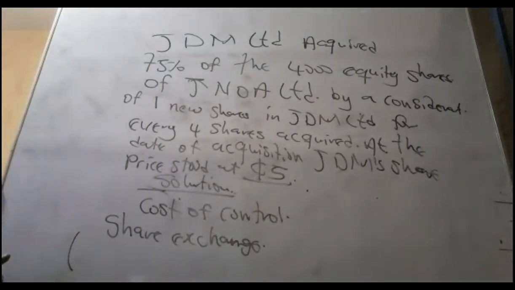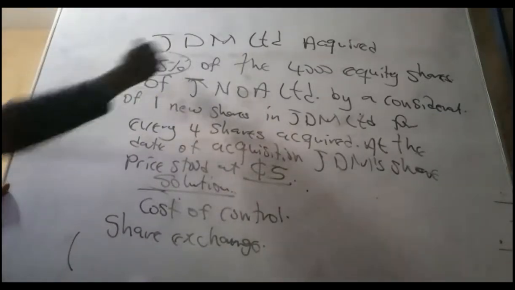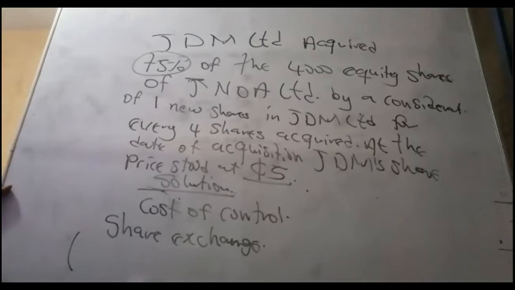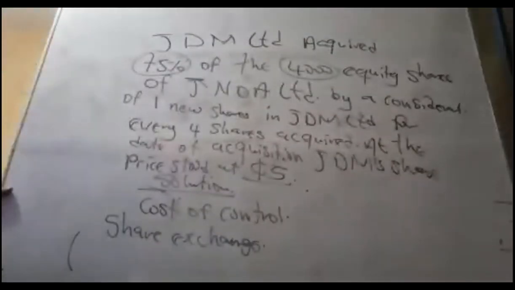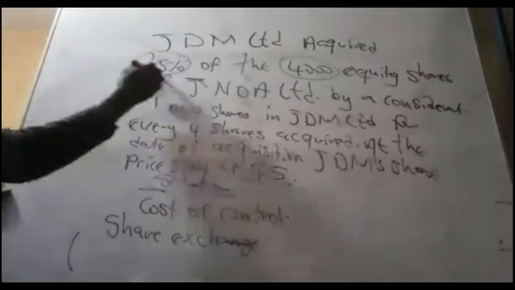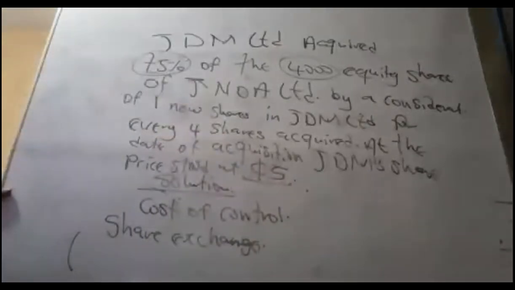Perform the workings there. Get the number of shares acquired by JDM. How do you get the number of shares? JDM acquired 75% of the equity shares. What is the equity shares here? 4,000. So if you acquire 75% of 4,000 equity shares, that would be 3,000 shares.